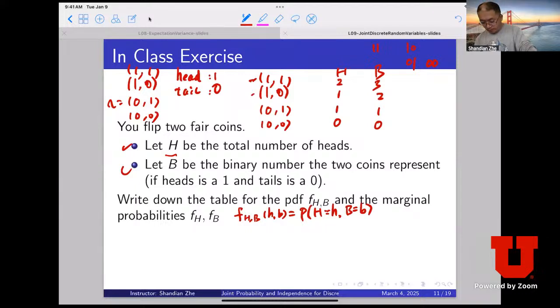So this is H, this is B. H can take values 0, 1, 2, and B can take 4 possible values, 0, 1, 2, 3. So this is a 3 by 4 table.